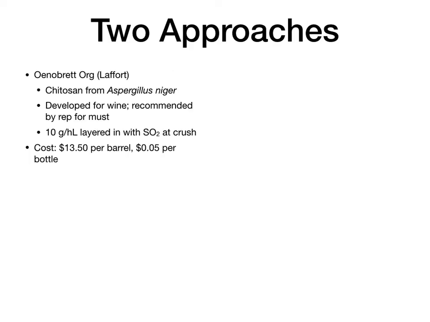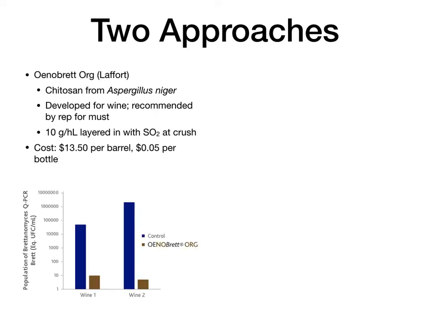So just to look at those 2 products a little bit, Eno-Brett-Org, again, is a Chitosan product, and we talked a lot about Chitosan in part 2 of this video series. In this case, basically this product was developed to be used in wine against Brettanomyces.